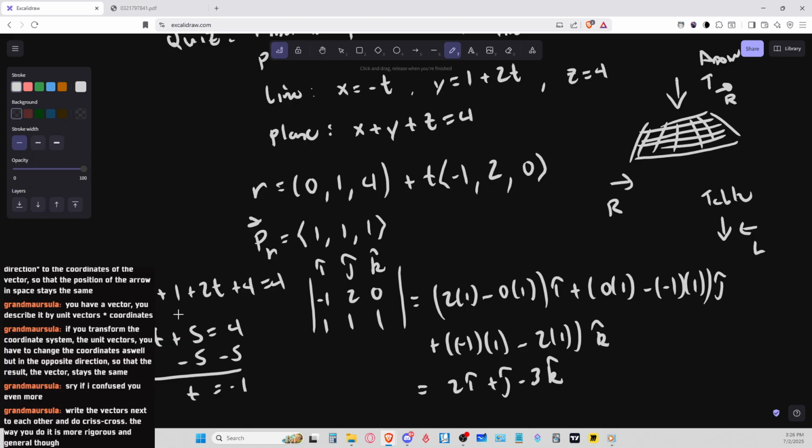So if t is negative 1 in this case, then x would be 1, and y would be negative 1, and then z would just be 4, because there's no t there.